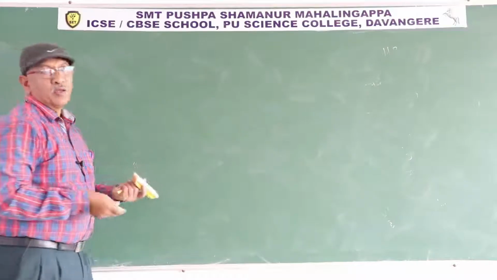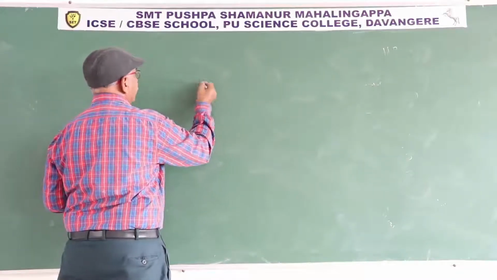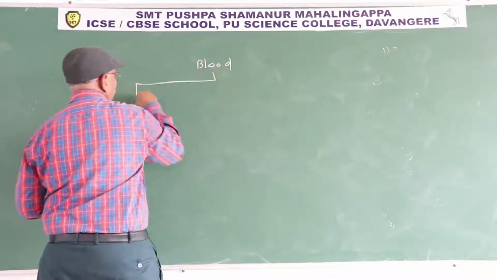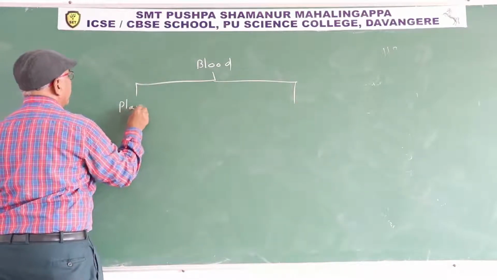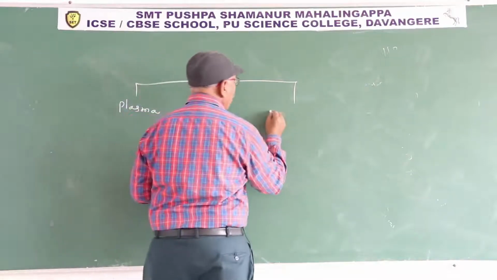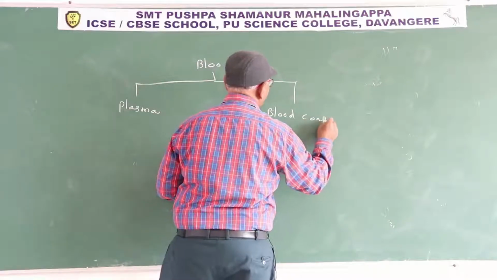Another possible question. Blood is an example of fluid tissue. Blood contains plasma. 55% of blood is plasma. 45% of blood is blood corpuscles.